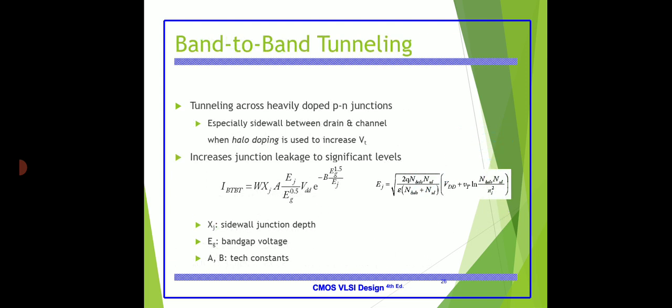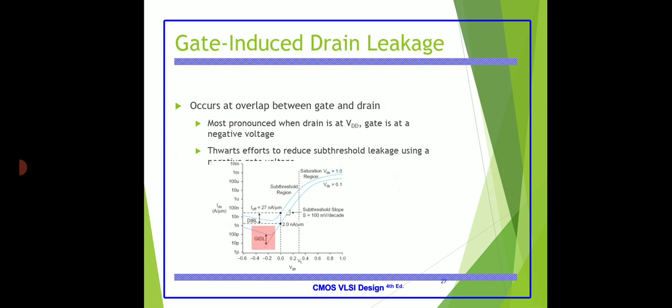And the next one is band to band tunneling. Here this tunneling occurs mostly in heavily doped PN junctions, especially in the side walls between the drain and the channel. So this increases the threshold voltage, and due to the increase in the threshold voltage, it increases the junction leakage. So we have written the equation here. Then the gate induced drain leakage occurs at the overlap between the gate and the drain.